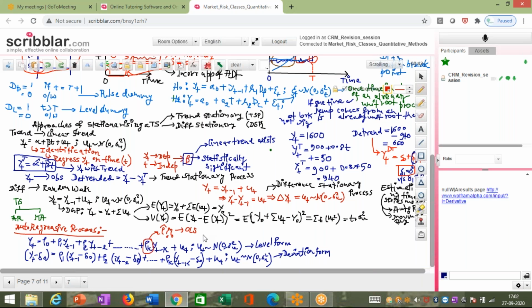So this is the OLS estimation, right? The OLS estimation that I am talking about over here is the one that we had discussed while we were talking about the linear regression models.